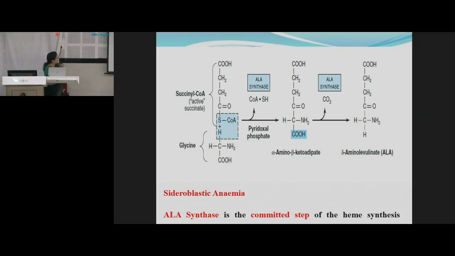So that is, ALA synthase is required for the conversion of succinyl-CoA and glycine to delta amino levulinic acid. So deficiency of enzyme ALA synthase is known as sideroblastic anemia. It is an X-linked inherited disorder, and mainly symptoms will be anemia. So this is the first, that is sideroblastic anemia.